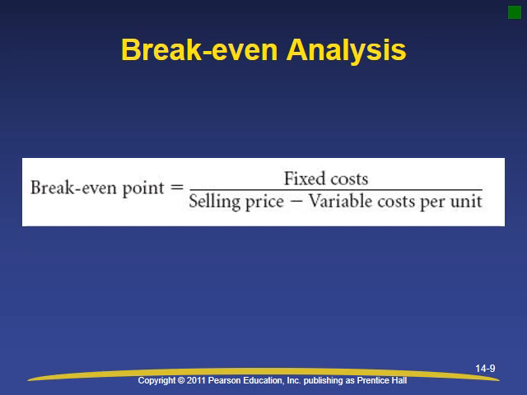Some of these costs remain the same regardless of production and sales volume. Such fixed costs include rent or mortgage payments, insurance premium, and salaries. These are costs incurred just to keep the doors open without creating or selling anything.